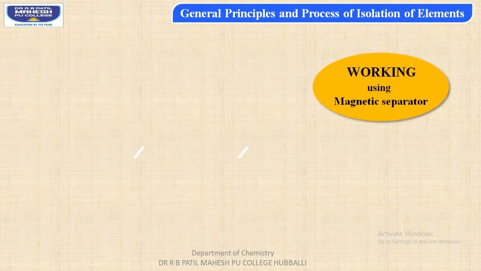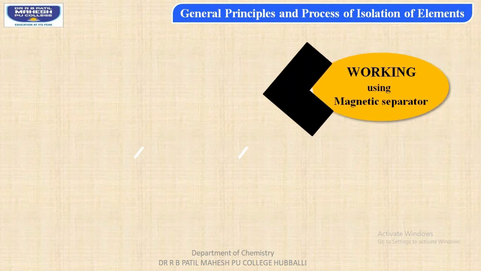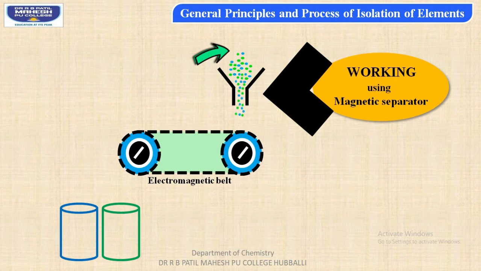Now let us consider the working of the magnetic separator. In this, students, we are adding finely powdered hematite ore right at the top on one of the magnetic rollers.